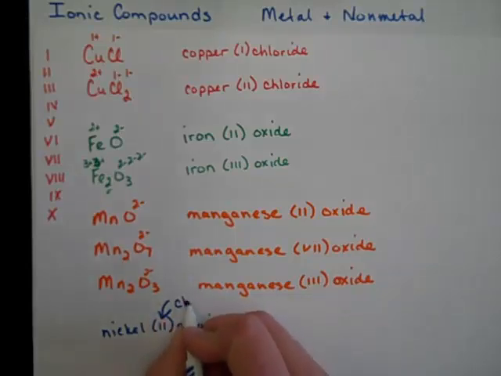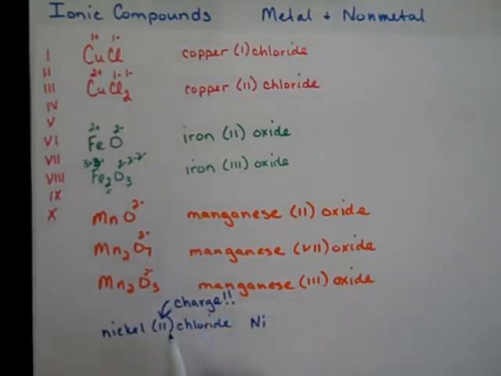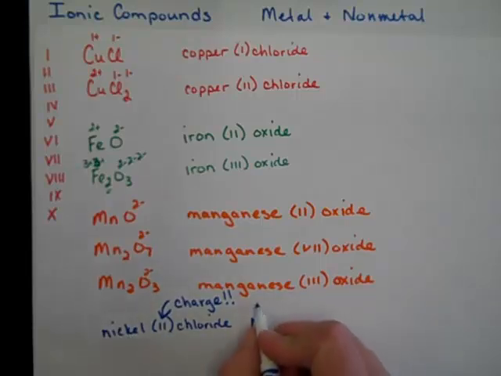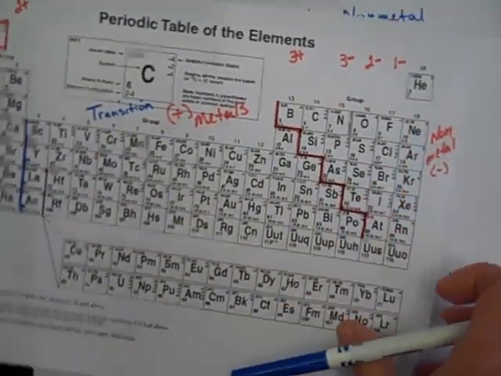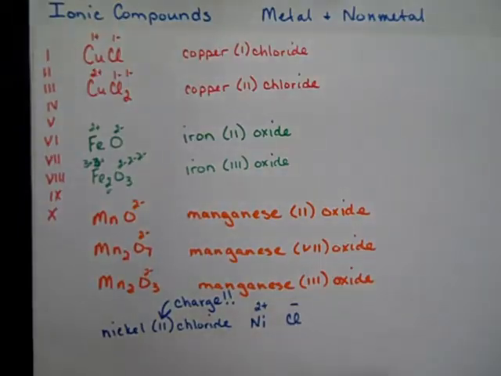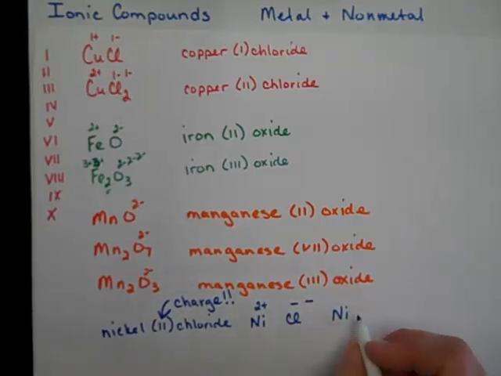This tells us the charge. The Roman numeral tells you the charge on the nickel. So nickel has a 2 positive charge. Now if we look at chlorine again, chlorine is a halogen, so it has a -1 charge. So to write that formula, we need 2 chlorines to balance our positives and our negatives. So we would need 1 nickel and 2 chlorines.